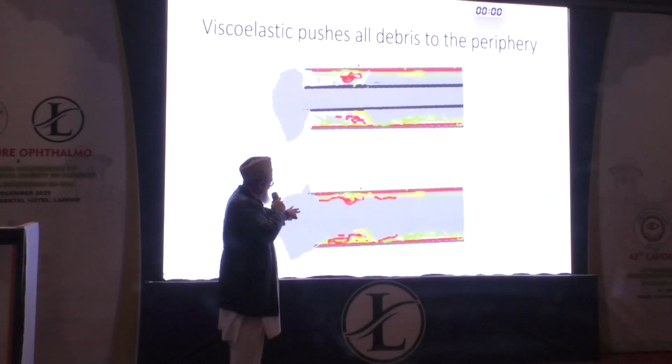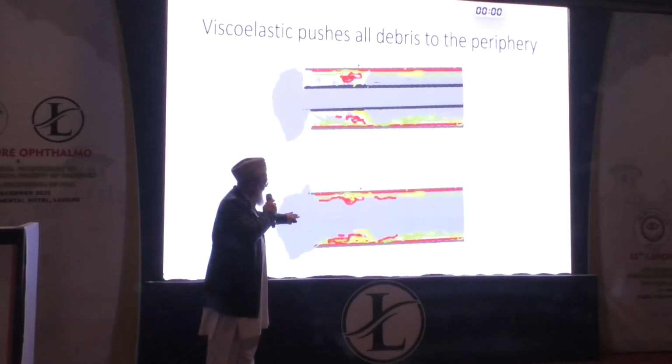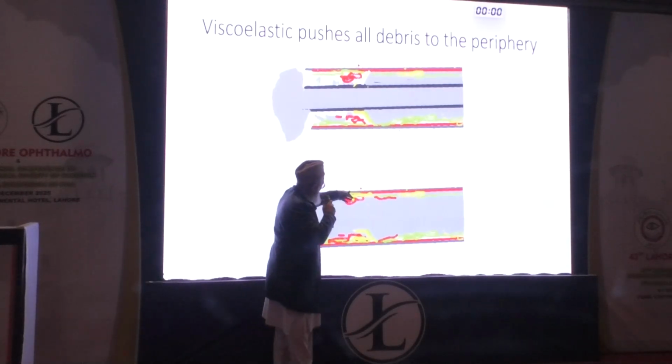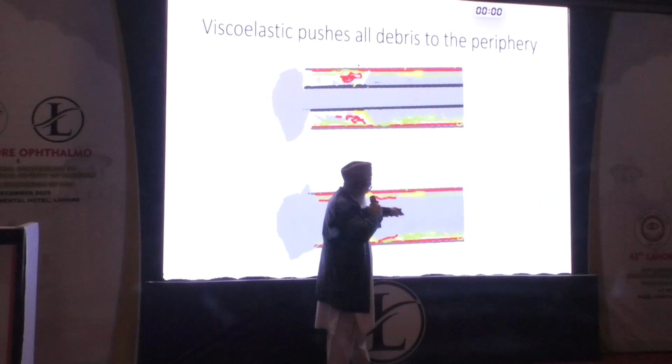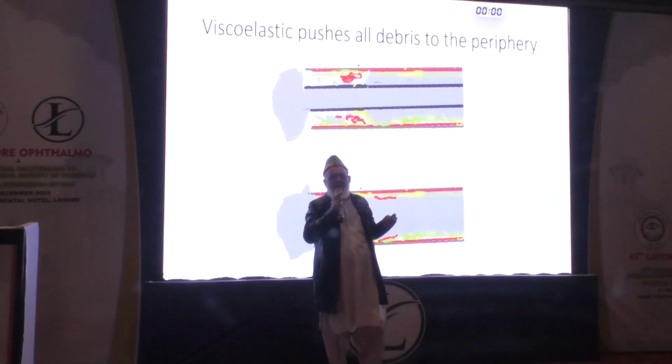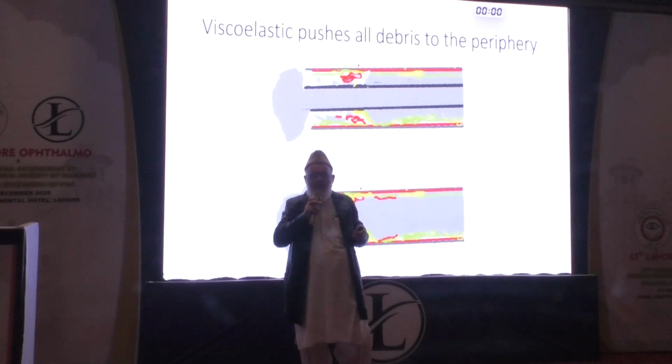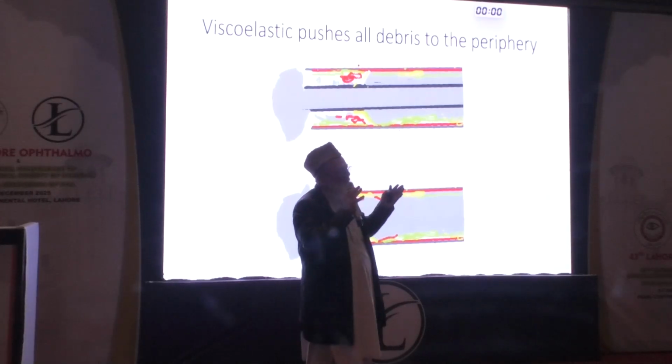Ab what does this viscoelastic do? It pushes all the membranes, all the blood, all the exudates towards the wall of the nucleus. اس کو ڈسٹینڈ, ہاں جی وہاں روک دیتا ہے.